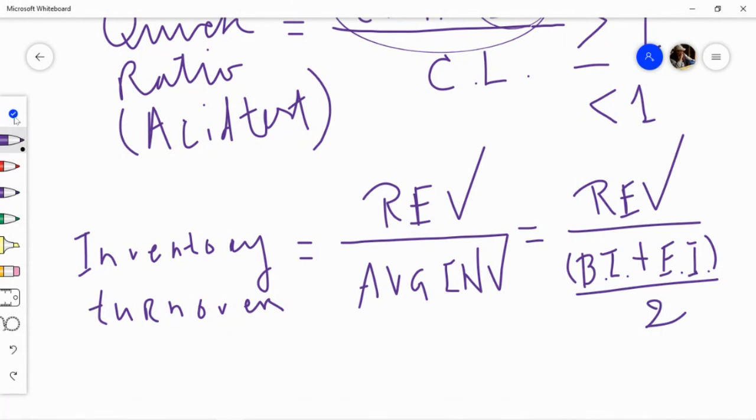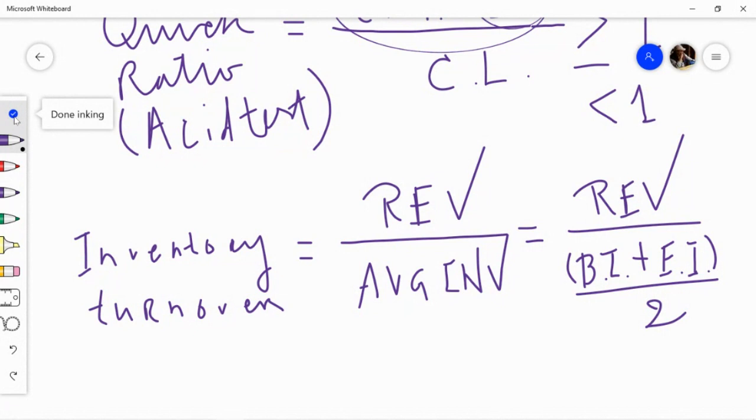So if you think about it, let's say your average sales revenue on a regular month is, suppose you have a retail business, on an ordinary month, average sales revenue is, let's say, 200,000, right?